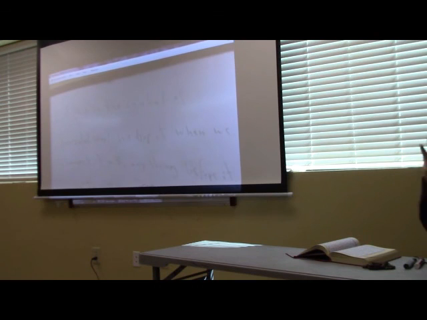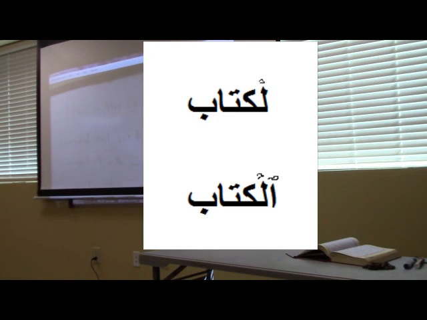We said they brought Hamza al-Wasl to help them start words that start with sukoon. So if we connect Hamza al-Wasl with something before it, we don't need it, so we drop it. Got it? So, for example, we say al-kitab. Do we say al-kitab? Or what do we say?